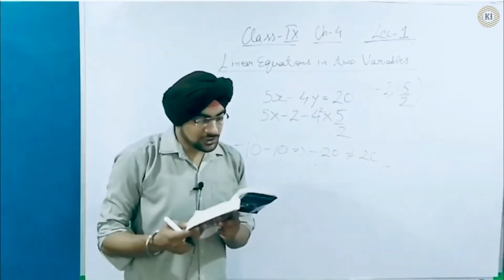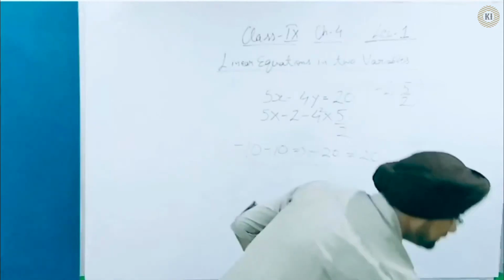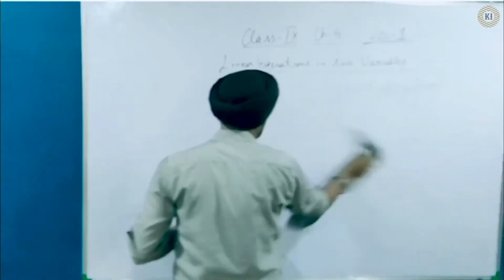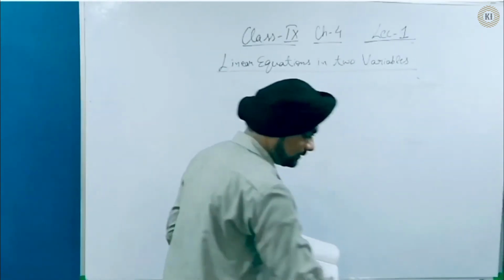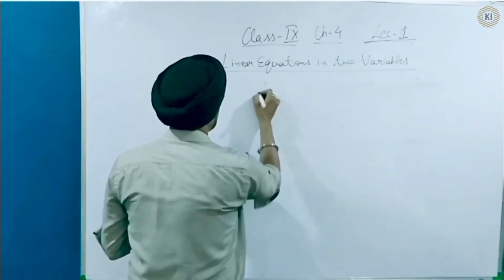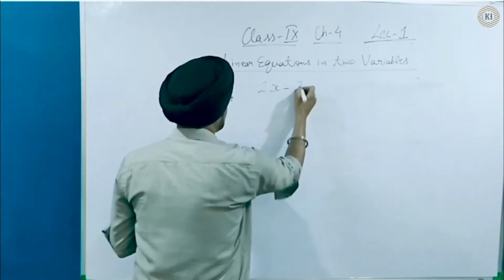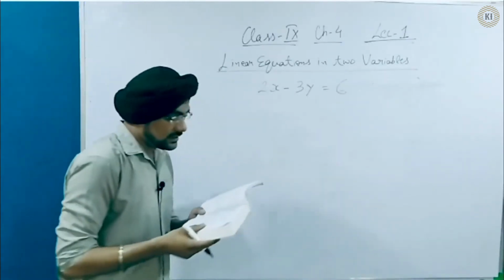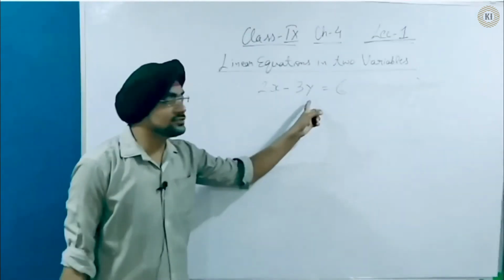Now the third question which you will get. Suppose the question is 2x minus 3y is equal to 6. So we have to calculate different solutions for the equation.